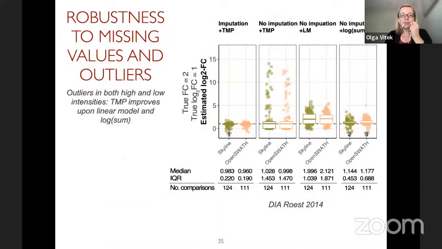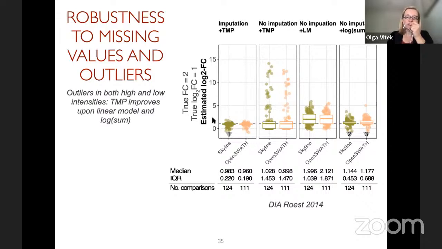And there has been a lot of benchmarking. Mina in particular has done a lot of work benchmarking this against various methods. This particular figure illustrates how this imputation plus robust summarization by Tukey's median polish allows us to have accurate estimation. So this is one of the control mixtures where we know the true fold change.